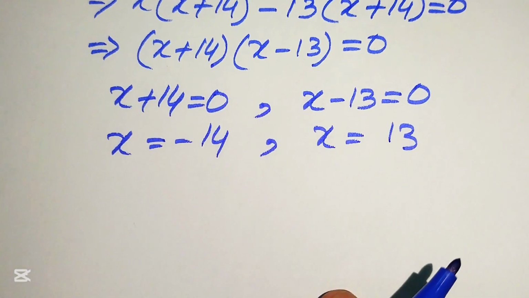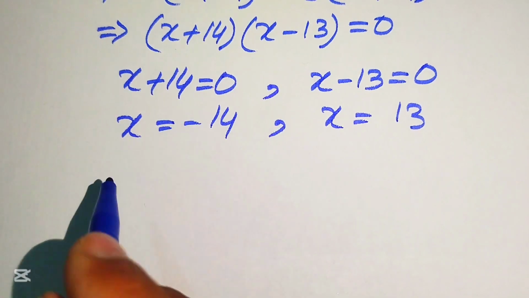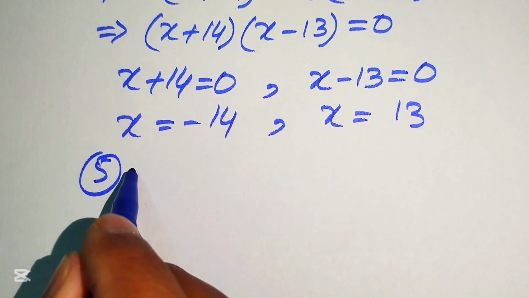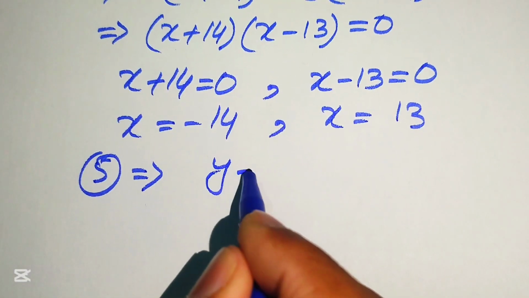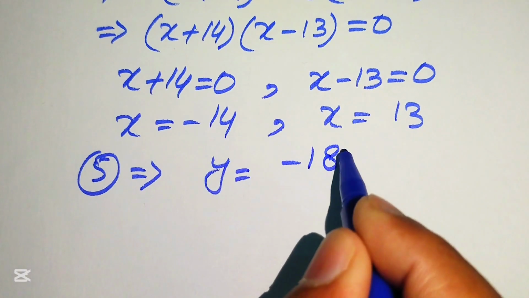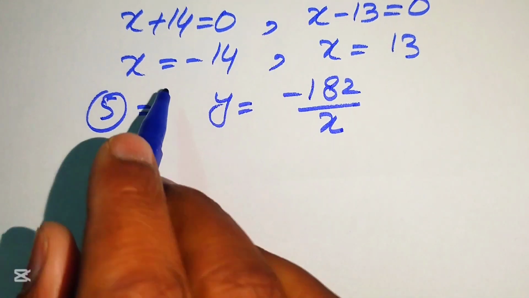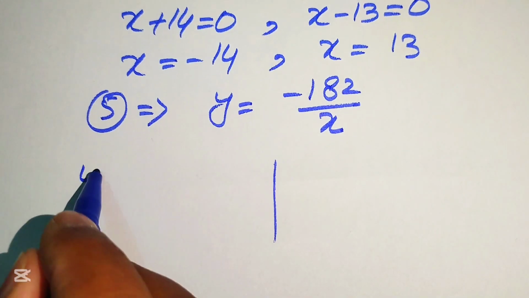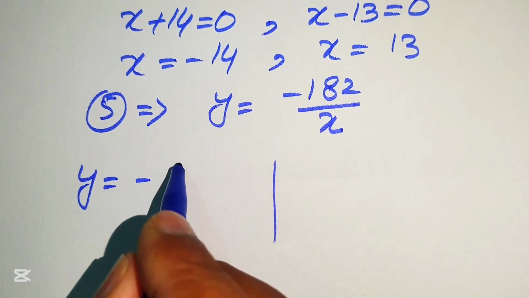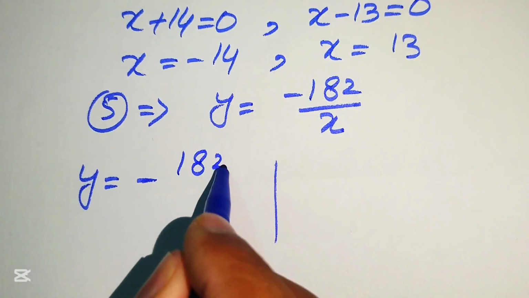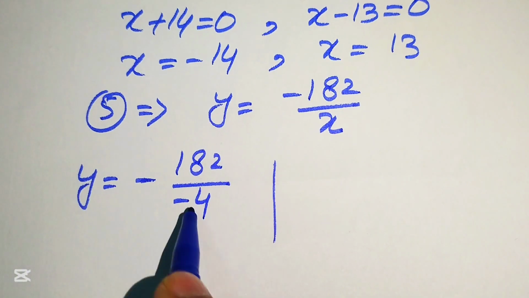So now in order to find the corresponding values of y, we need equation number 5, so we copy down equation number 5 here. It is y equals minus 182 divided by x. So when we put x equals minus 14 here, it will be written as y equals minus 182 divided by minus 14.